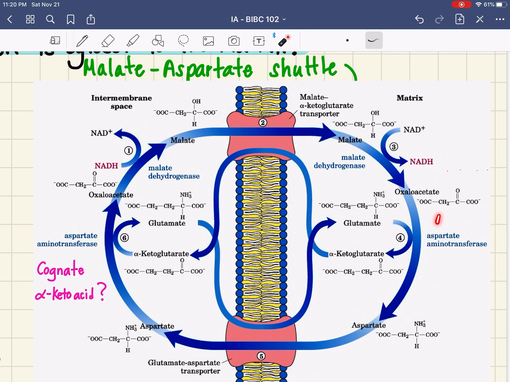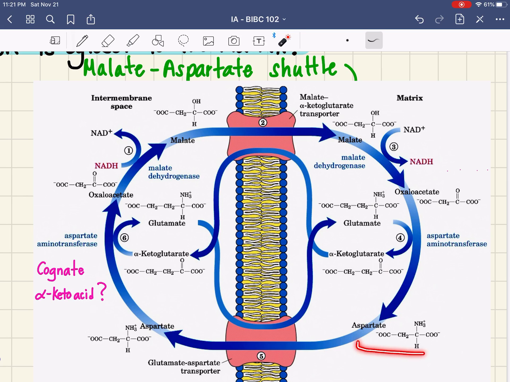Where does this NH2 come from? It comes from the amino acid glutamate. So as glutamate takes its NH2 group and gives it to oxaloacetate to turn it into aspartate, glutamate itself becomes alpha-ketoglutarate because its NH3 is turned into a carbonyl.